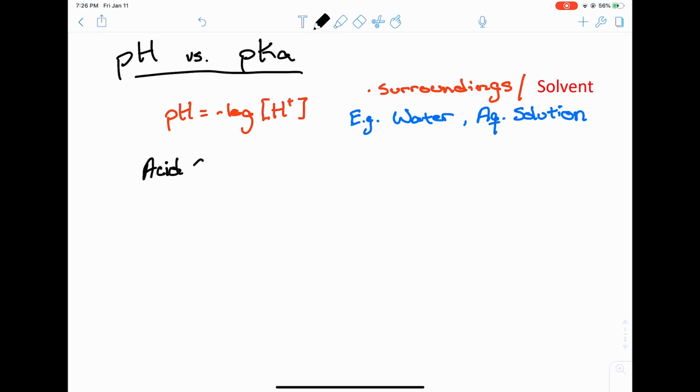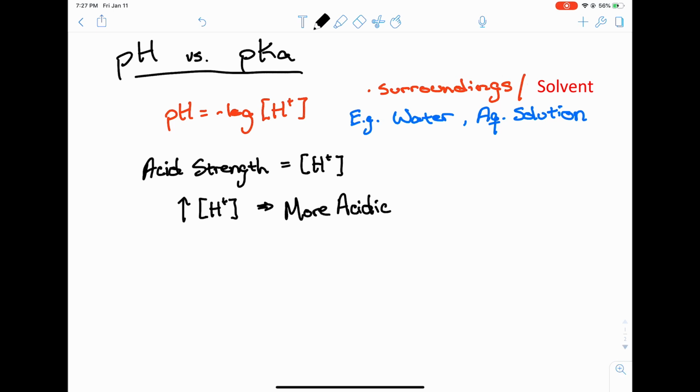In relation to acid strength, how acidic something is is defined by the H plus concentration. The higher concentration of H plus in the surroundings, the more acidic it is. Because of this, it is tempting to assume that stronger acids, which have higher amounts of H plus, would result in a higher pH value.